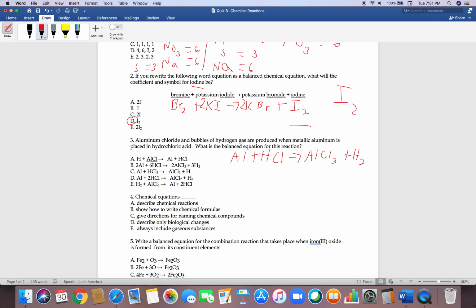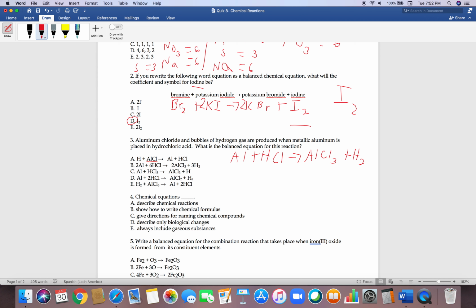So just looking here, once again, I want to start with the element that does not have any oxygen, so we don't have to worry about oxygen here. Let's look at chlorine. We have 3 chlorine here and 0 chlorine here. Now, if I put a 3 in front of here, how am I going to get that hydrogen to 3?